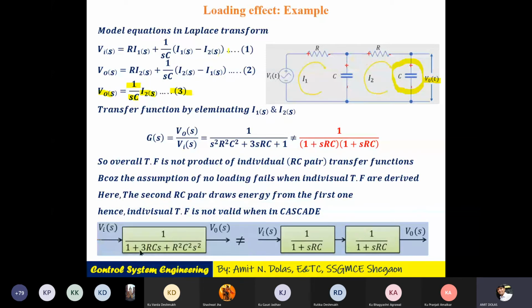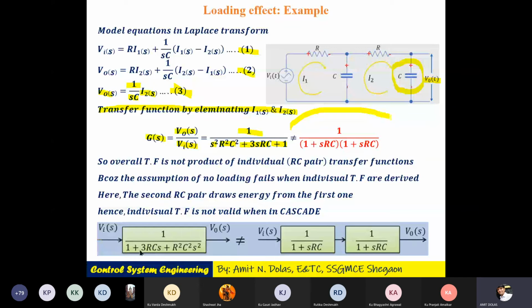So using these three equations, equation number 1, 2 and 3, the transfer function, by eliminating the currents I1 and I2, which cancel out later. So VO upon Vi of S, that is nothing but the transfer function G of S, will be 1 upon S square R square C square plus 3SRC plus 1.